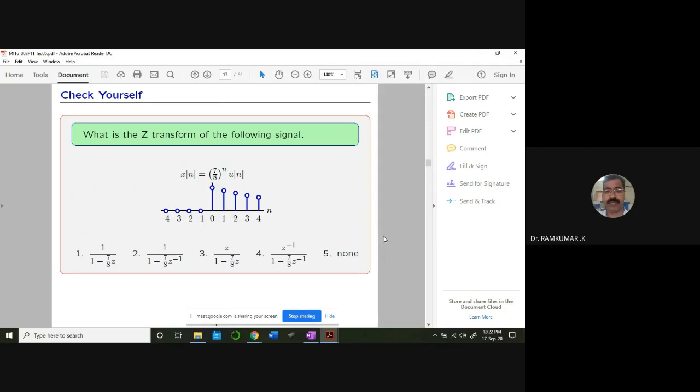Out of these 5 options, which one is right?